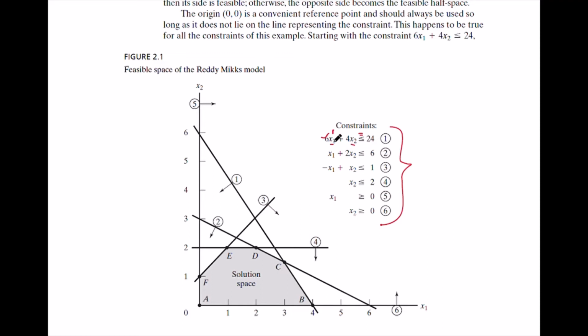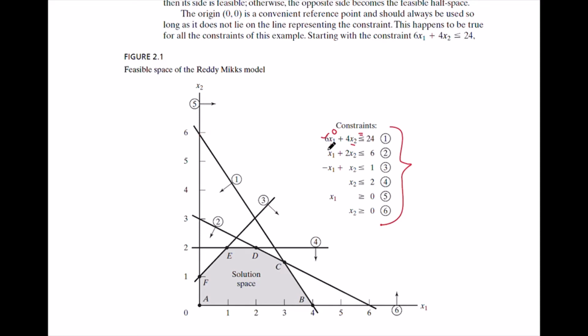If we take x1 as 0, then 4 into x2 is left, which is equal to 24. Therefore x2 is 6. So we got 0 comma 6, a point for equation number 1.